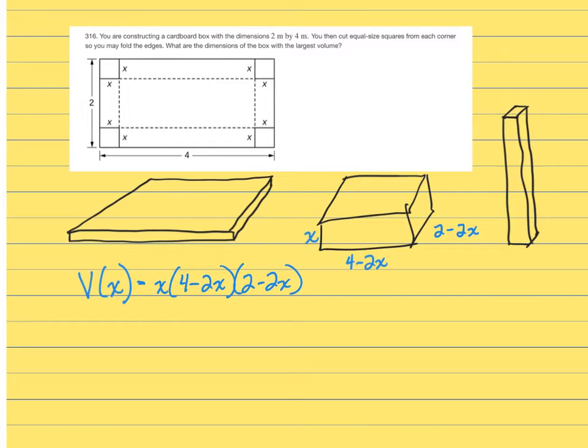And so once we have that formula, let's just do a little algebra because we know that's the formula we want to maximize. So I'm going to go ahead and multiply it out. It's going to be easier to differentiate when it is in polynomial form, I should say.